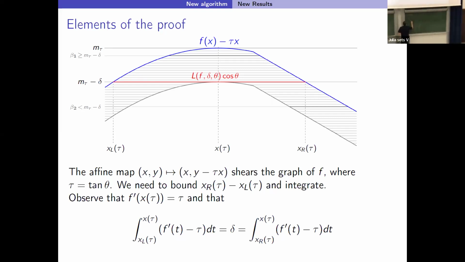So it's from the left point to the middle point of f prime of t minus tau. This is delta.